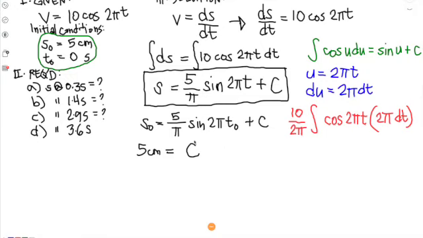So in this case, we can write down our equation as s equals 5 over pi sine of 2 pi times the time plus 5 centimeters. So this is the unit of the position. Whatever we calculate here, we just add the initial position, 5 centimeters, to it.